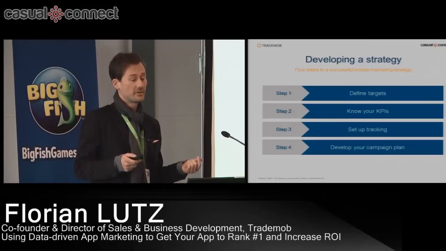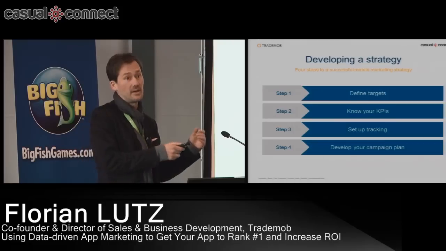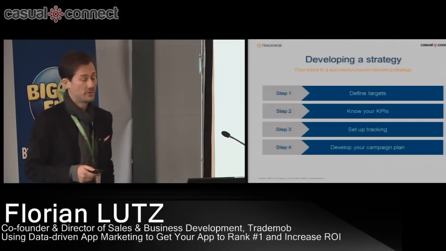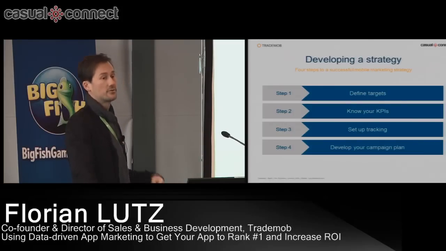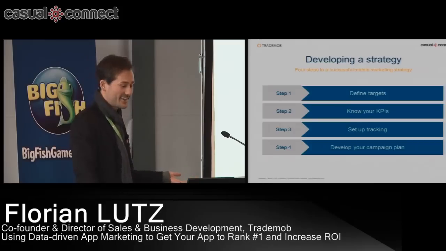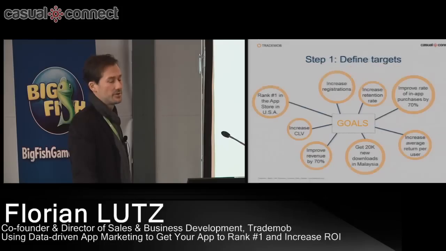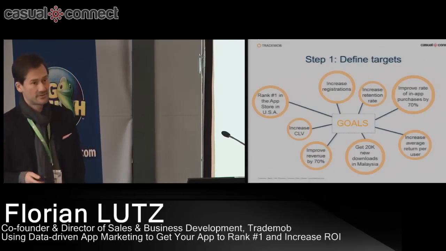And then in order to measure those targets, you obviously need to implement some very granular KPIs that help you to keep track of your progress in reaching your targets. In order to track them, obviously you need some tracking. And then also, based on the knowledge that you get from your tracking, you need to define and improve your campaign planning. So the first step, obviously, is define targets.